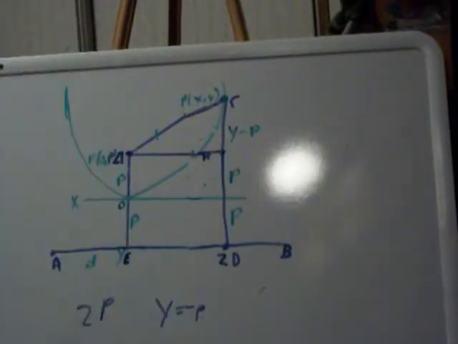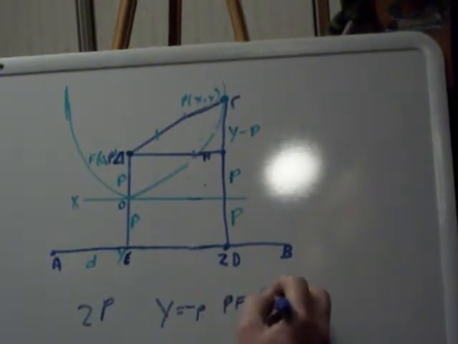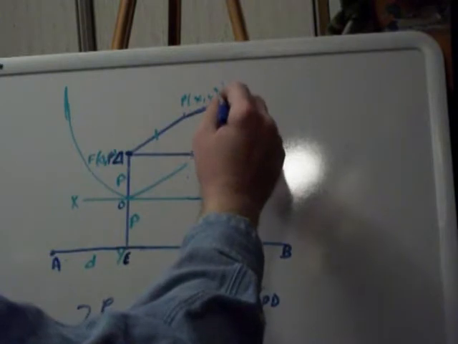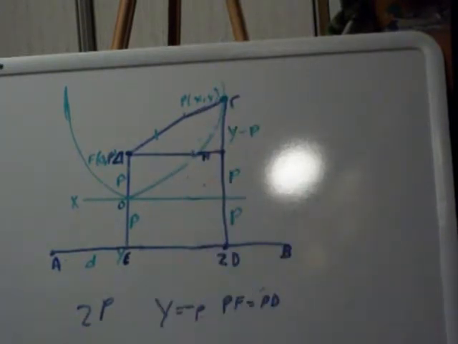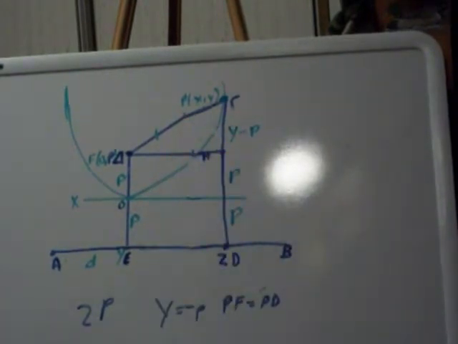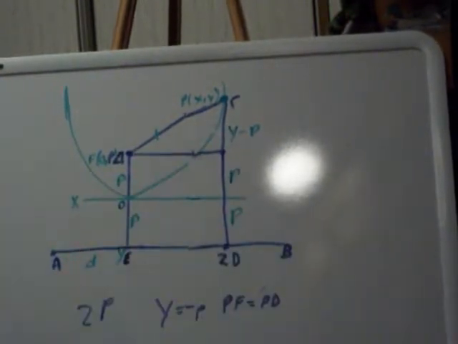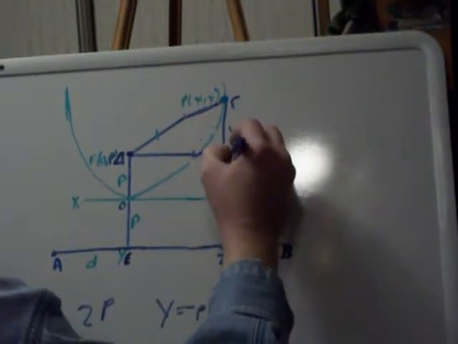Anyway, that should be a little more accurate, I hope. But what they're trying to say is that PF equals PD. So this distance right here is going to be equal to this distance right here. I am so sorry about the screw-ups. And actually, if we're doing this correctly, that H should not be there. That H should actually be here. That's point H.